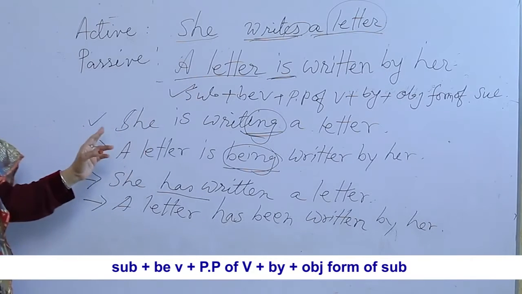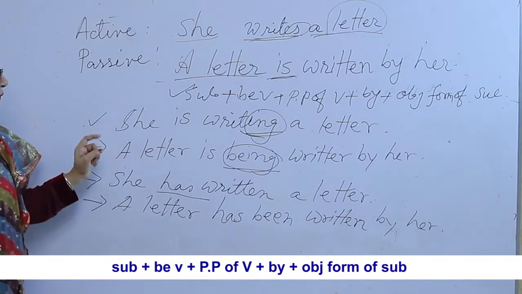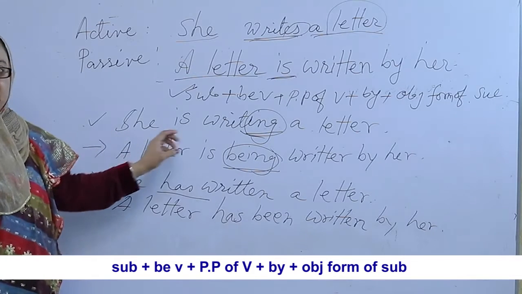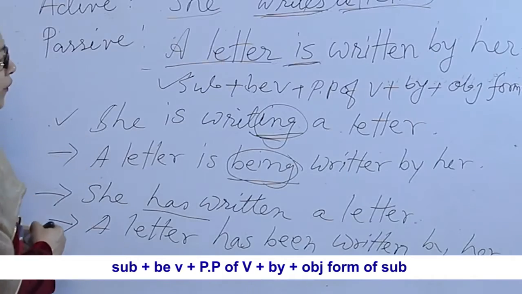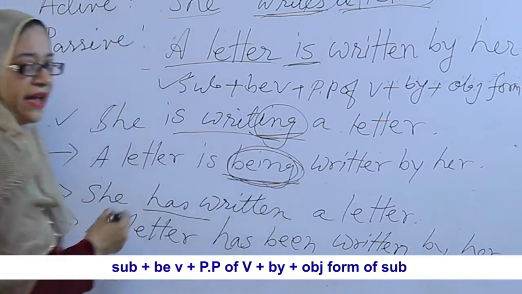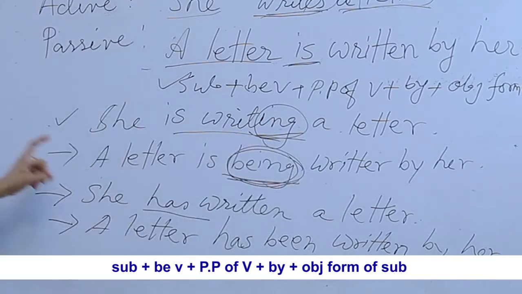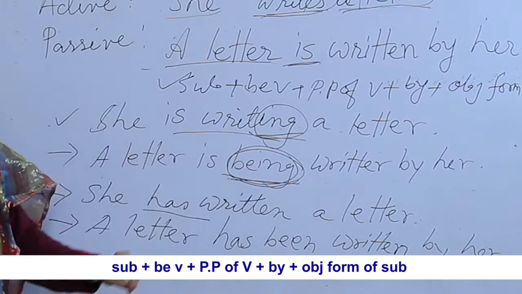Then I use a continuous form of tense: she is writing a letter. This is a continuous form. So when it is a continuous form, I use being, B-E-I-N-G, being. A letter is being written by her.